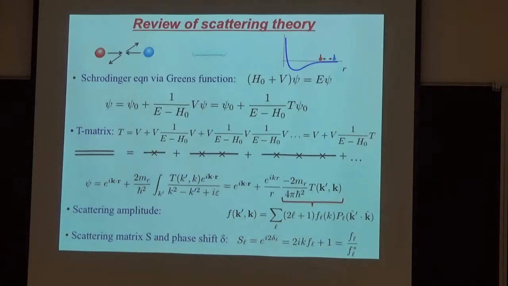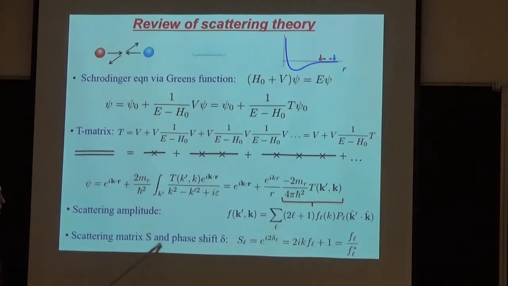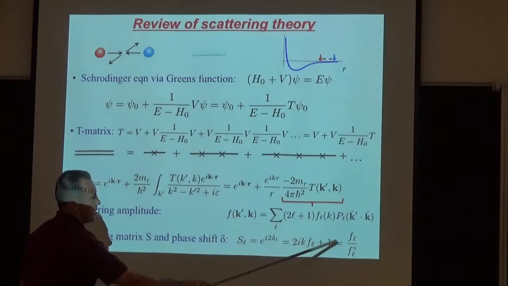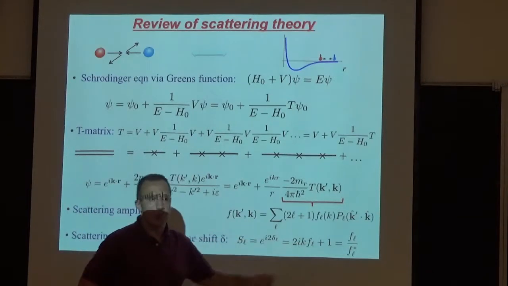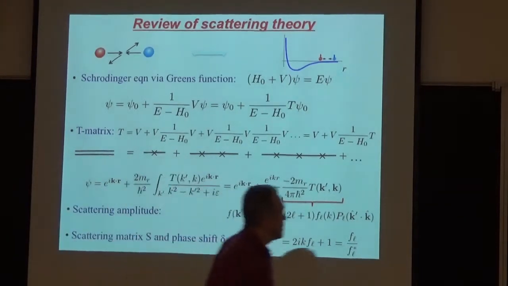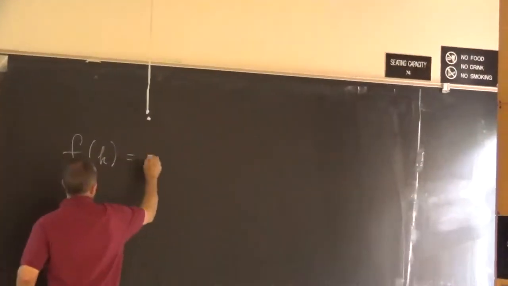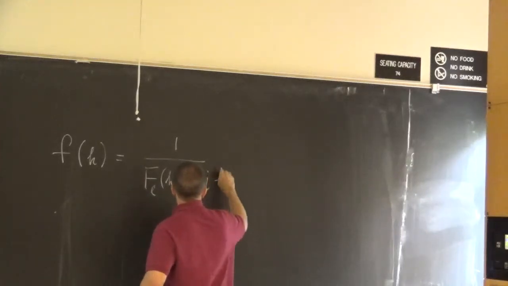Okay, and so in terms of this scattering amplitude, F sub L, the scattering matrix is defined as e to the I2 times the scattering phase shift, and it's related to F in this way. From this immediately, without doing any calculations, you can show that the scattering amplitude has to have a certain form, F sub K has to be some function Fk minus Ik.